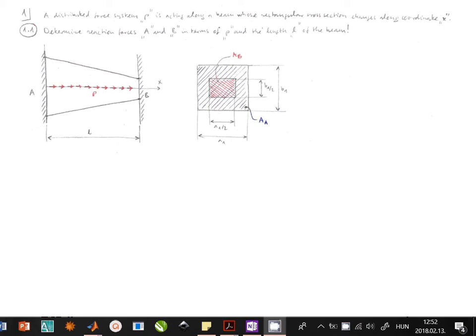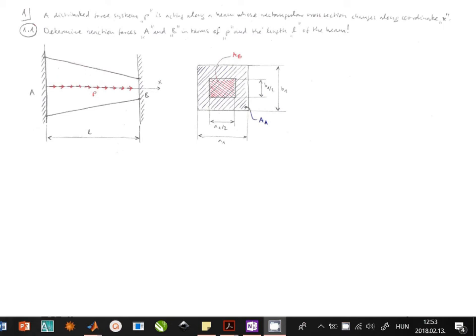It's decreasing as coordinate X increases, and this cross section is decreasing such that the width and the height of the cross section decrease linearly, and it halves as X reaches the end of the beam.